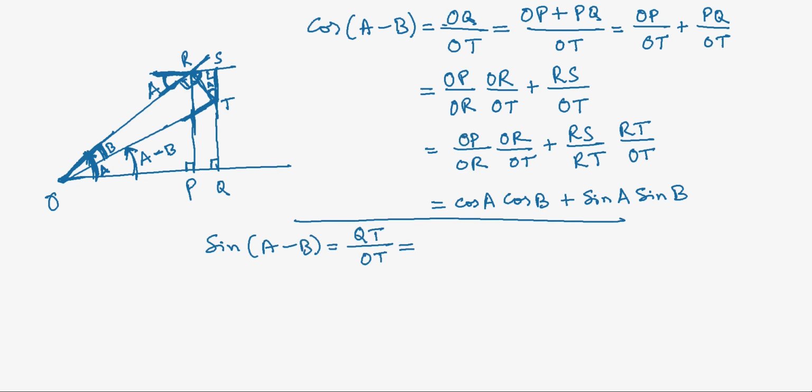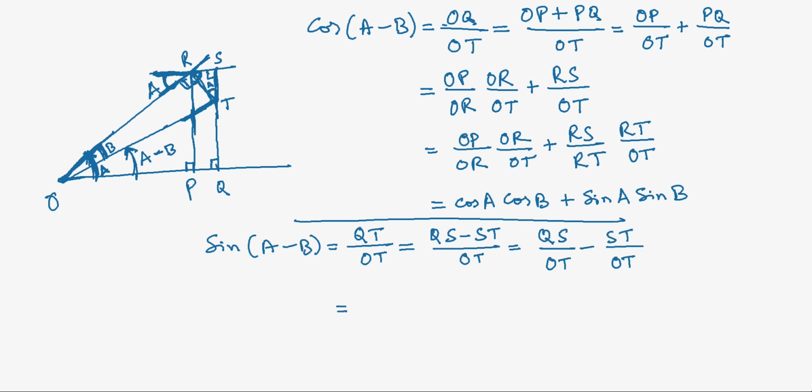Now QT can be written as QS minus ST, over OT. Now that can be written, splitting it, as QS over OT minus ST over OT.